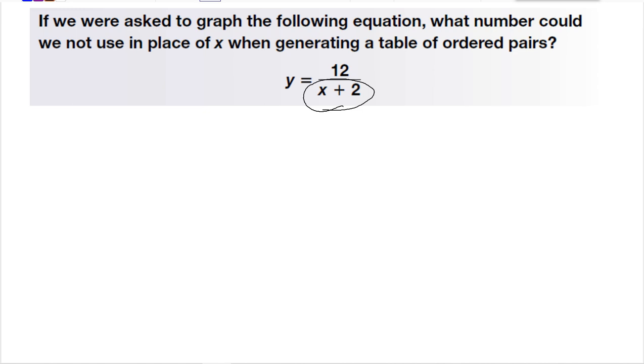Pretty simply, if x equals negative 2, then negative 2 plus 2 equals 0. So we'd end up with 12 over 0, which, again, we can't do. So we would say that x cannot be equal to negative 2, because that would make it dividing by 0.